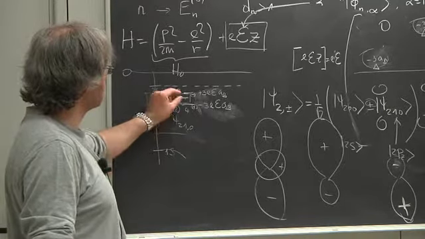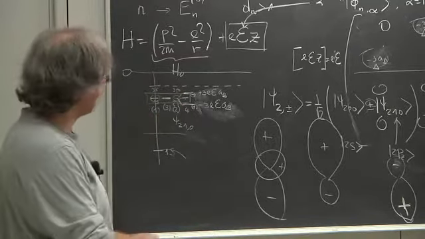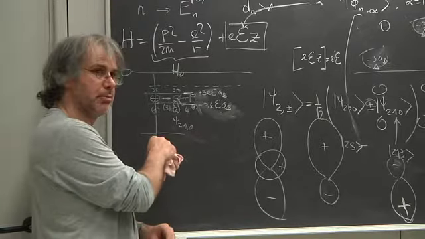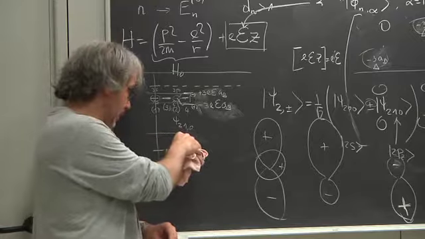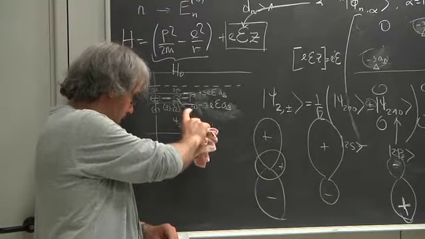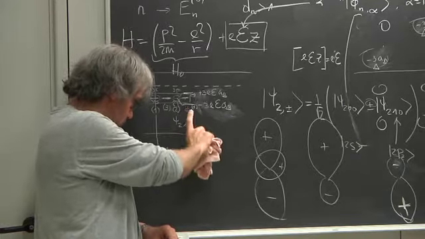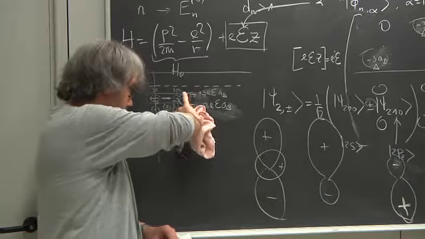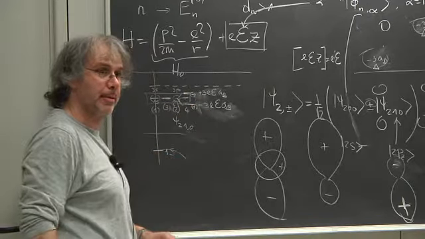Of course, it represents something. If you do spectroscopy in a system like this, you would notice, among other things, that by putting the electric field, the energy between this and this, and the energy between this and that would be different.